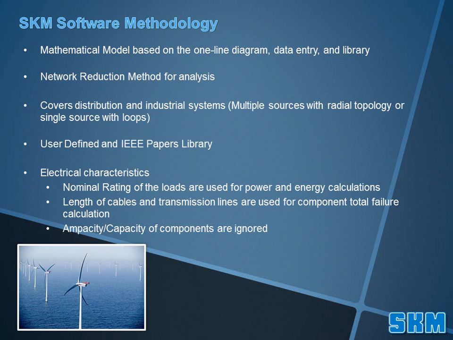Input can be user-defined and from a library which comes from the standard or IEEE papers, and from the electrical characteristics which are defined for nominal rating of the loads to be used for the power and energy calculations, the length of cables and transmission lines to be used for the component's total failure calculations.